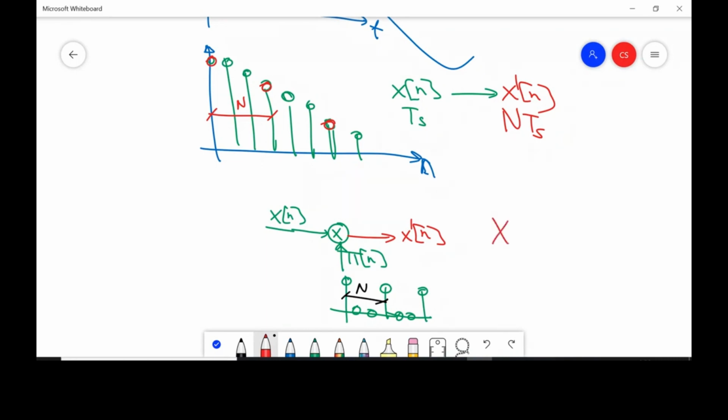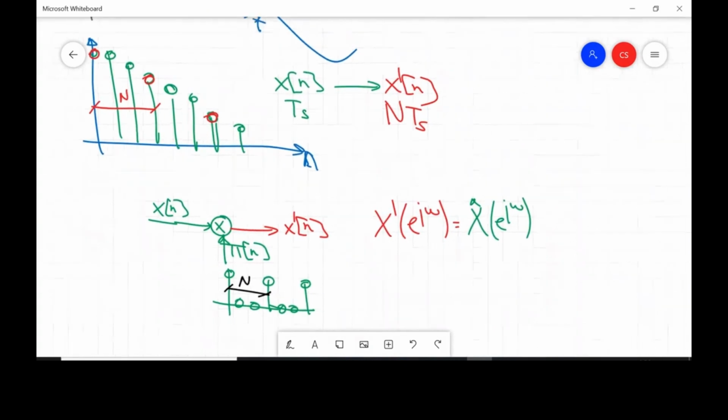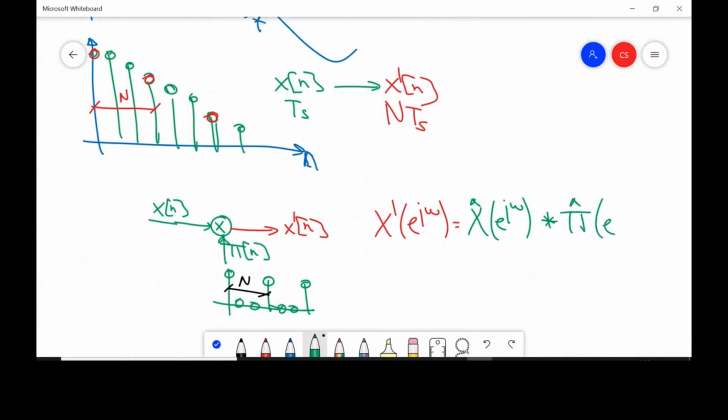So the Fourier transform of this one will be the Fourier transform of this convolved with the Fourier transform of the train of impulses. It is the same process that we had before, continuous to discrete, but now in the discrete space.